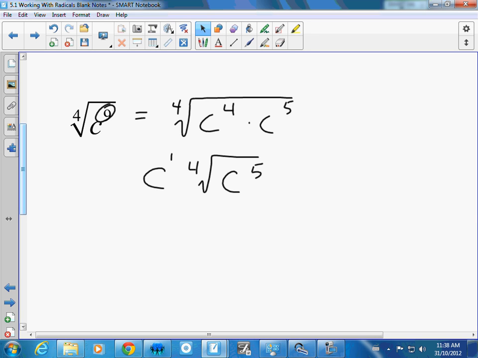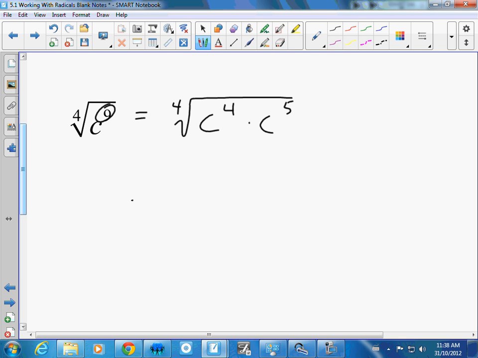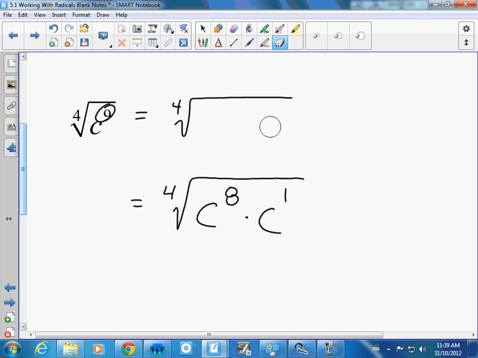Okay, let's try that. So c to the 8, what would be left over? c to the 1. Because our original one was c to the 9. Does that work? Same base, you multiply, you add those together, you get c to the 9. Is that correct?